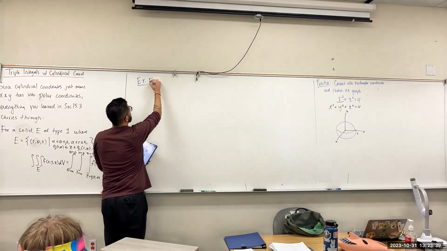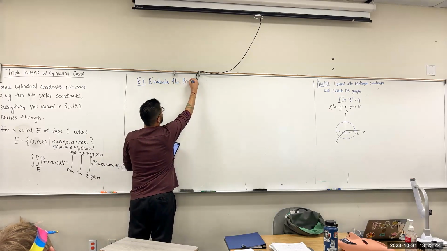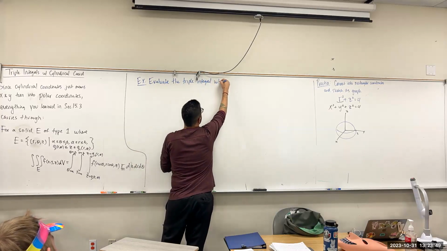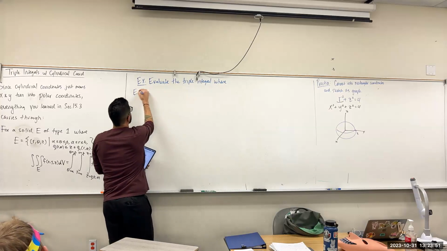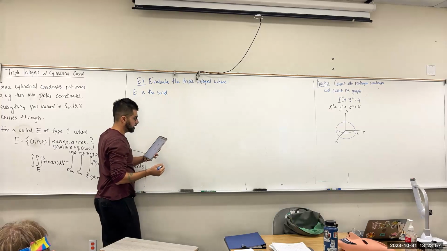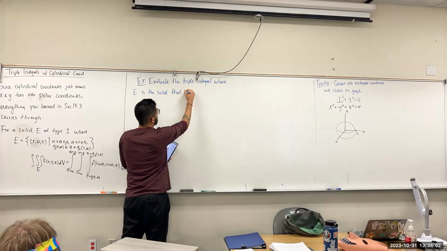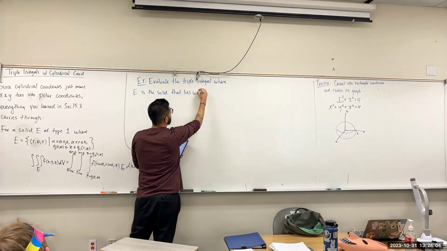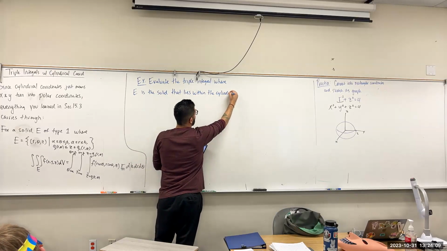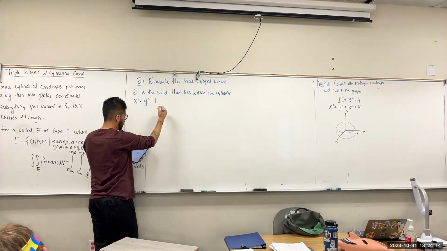All right, so this guy says this. It says evaluate the triple integral where E is the solid, make sure I read this correctly, is the solid that lies within the cylinder x squared plus y squared is equal to 1.